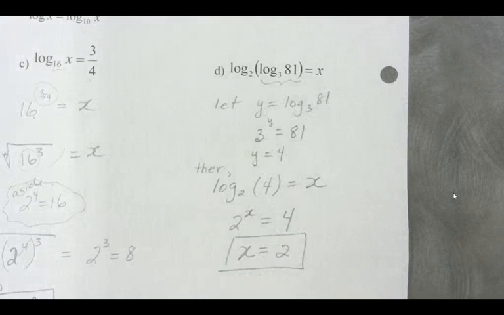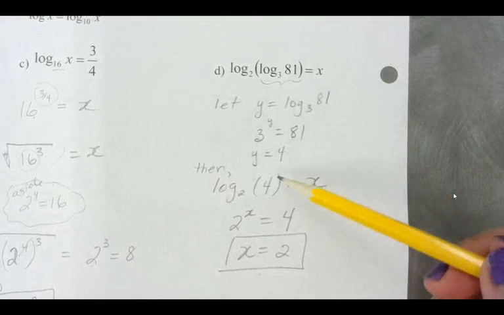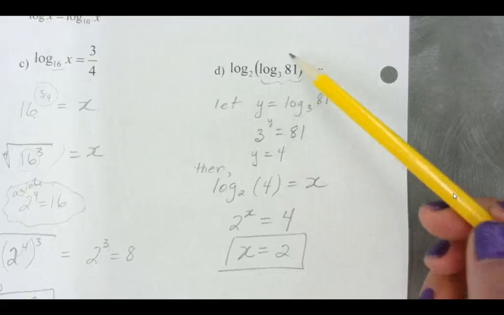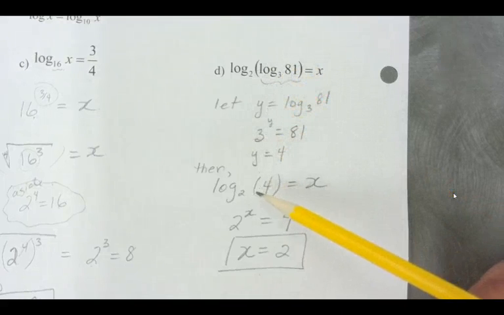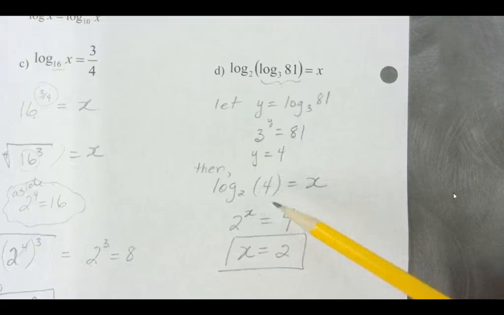So sometimes you have to put it in terms of something that's easier to work with. And when you've got a log in a log, evaluate what you can, and then work from the inside outwards, just like in order of operations.